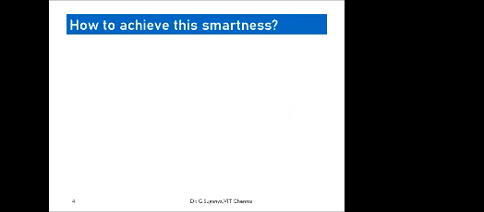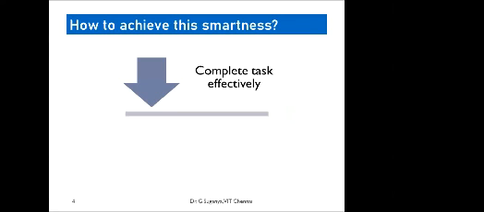How does this classic mobile phone get replaced with the smart mobile phone in the industry later? So how do you achieve this smartness? As sir rightly pointed out, if you are able to complete a task effectively, there is a difference between effectiveness and efficiency. If you are too efficient, we say you are a hard worker, right? That means you are given a job and you try to arrive at a good output, which is good for you, not for the client who has given you the task.